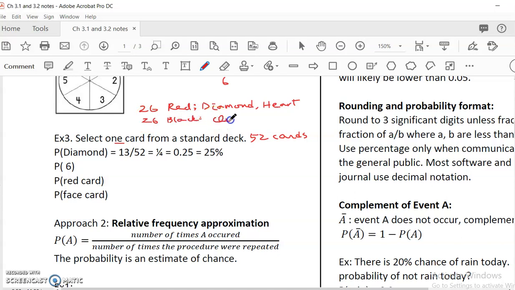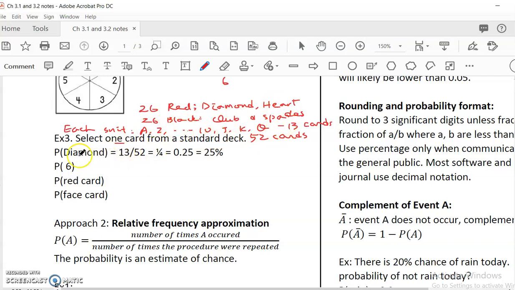They are club and spade, right? So 13 in each one of them. Like diamond, we call them a suit, right? Each suit has A all the way to 10, and then Jack, Queen, King. So that's 13 cards, right? So there are 13 diamonds, 13 hearts, 13 clubs, 13 spades.